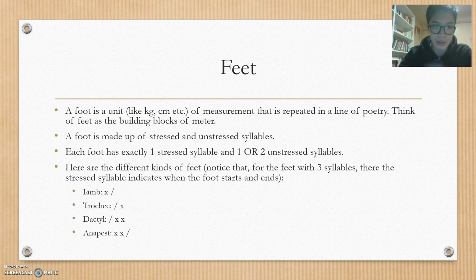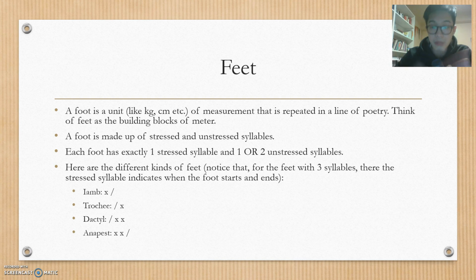So there are 4 types of feet: an iamb, a trochee, a dactyl, and an anapest. Now, don't ask me where these names came from because I've got no idea. I don't know why they couldn't have made it a little simpler, but that's what they are: iamb, trochee, dactyl, and anapest.